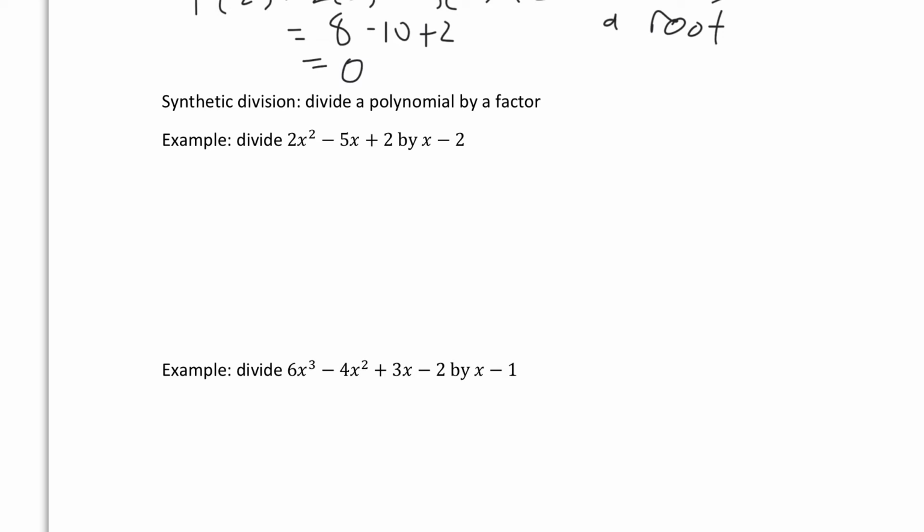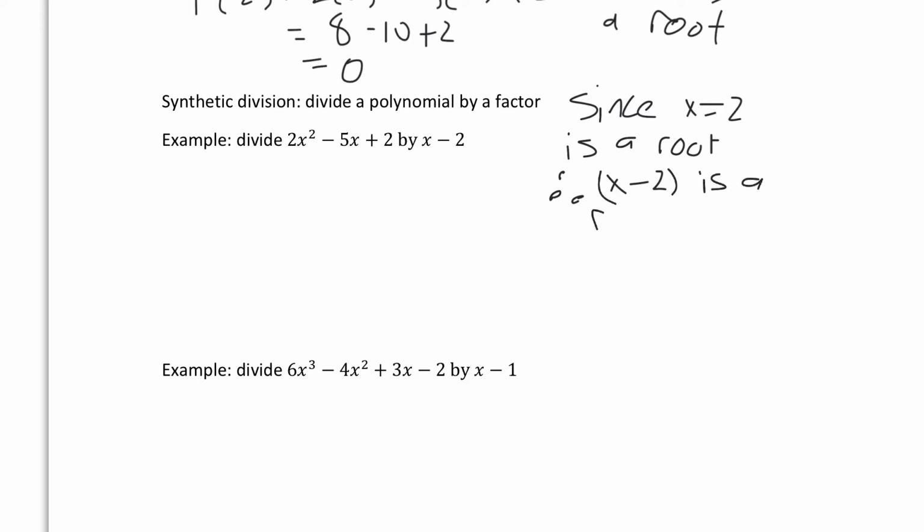So in our case, since x equals 2 is a root, therefore, x minus 2, basically you just take that 2 and move it to the other side of the equation, x minus 2 is a factor. And since we know one of the factors, we can use that to do factoring. And we use the method of synthetic division.